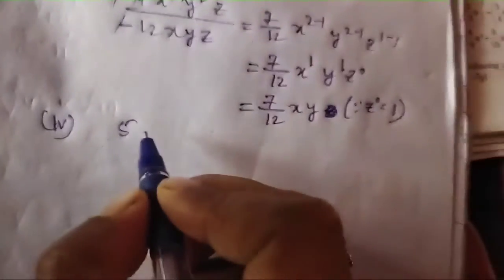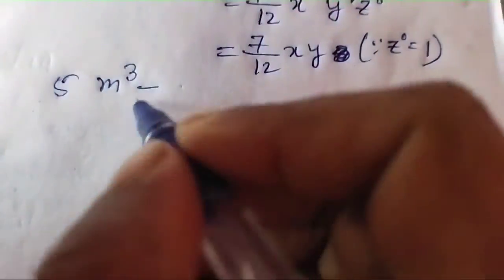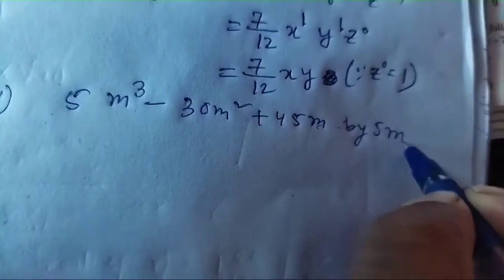Now next, number 4. 5 m cube minus 30 m square plus 45 m by 5 m.